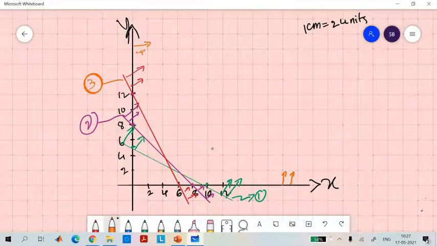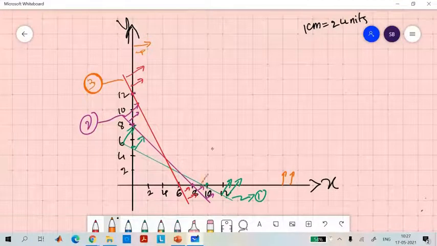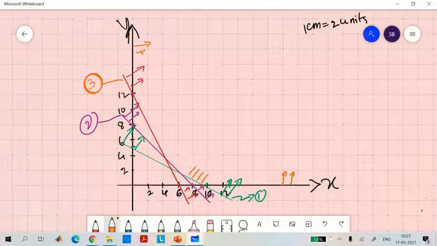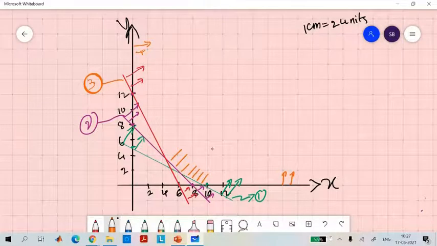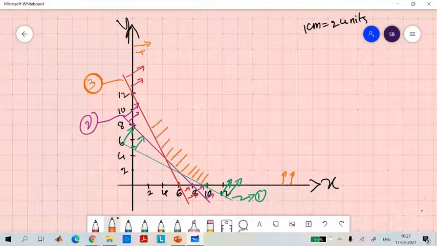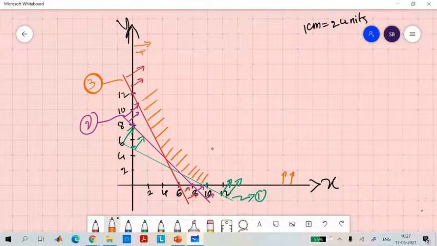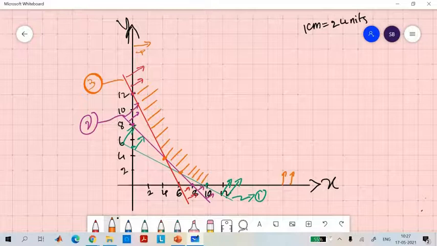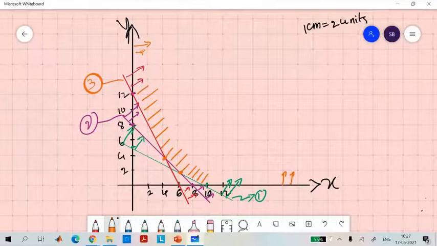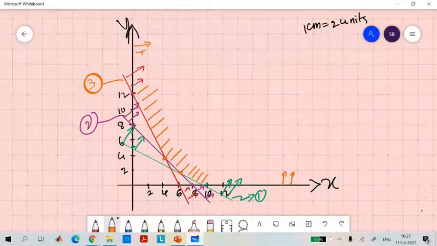It means this is an infeasible solution. It does not have an exact feasible solution. It has two coordinates, and one more point, this 8 here. I hope you have drawn the figure.